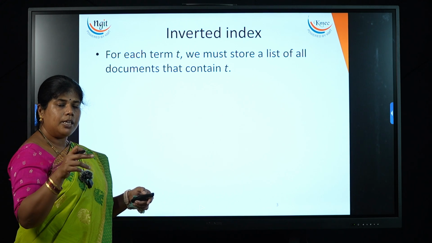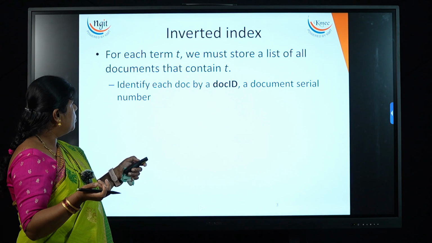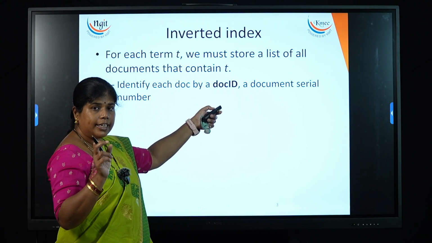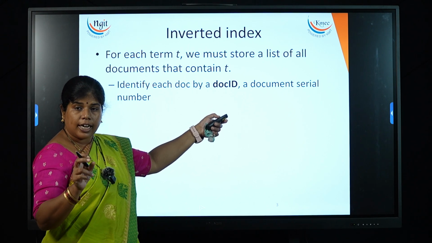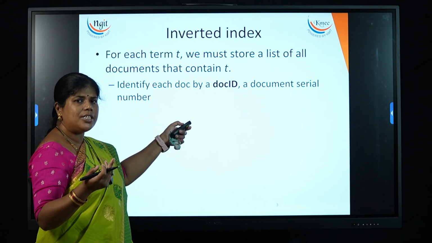Means in a table I want to map the term with the document. Now each document is identified by an ID. That ID is called a document ID, that is, the document serial number.